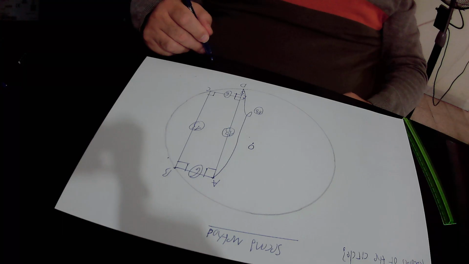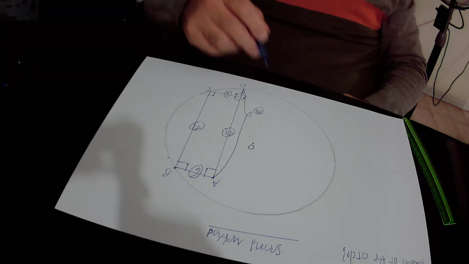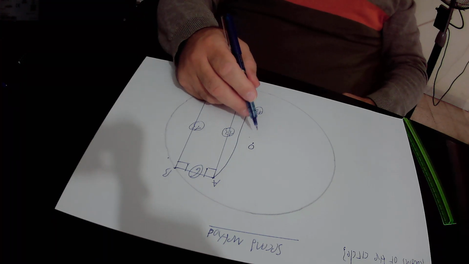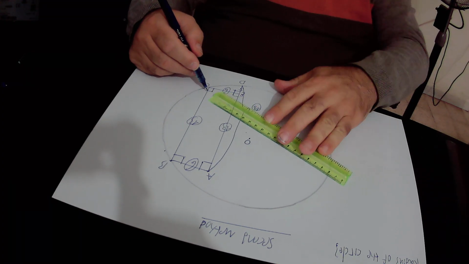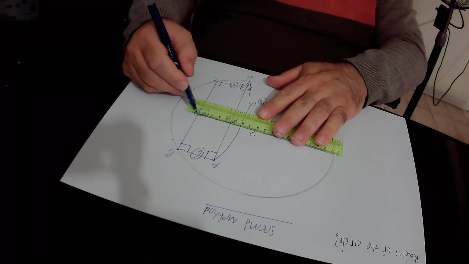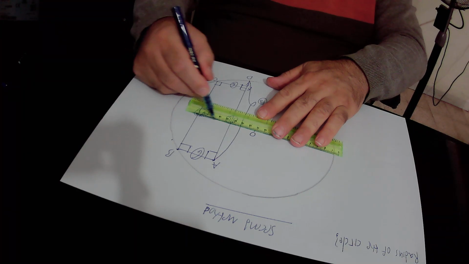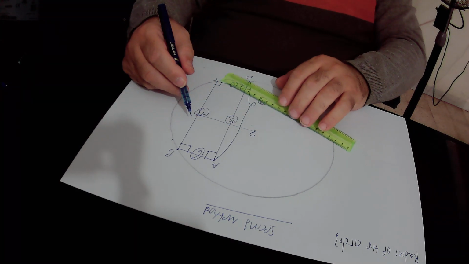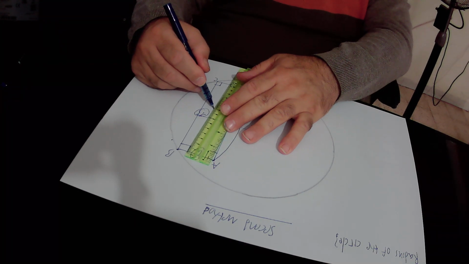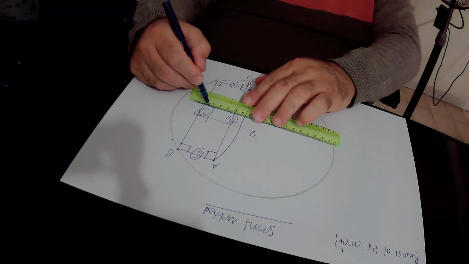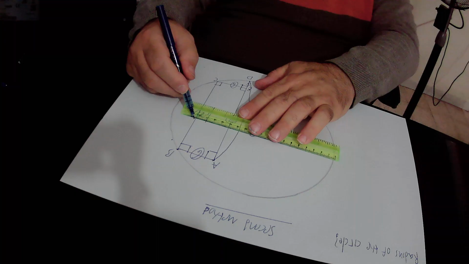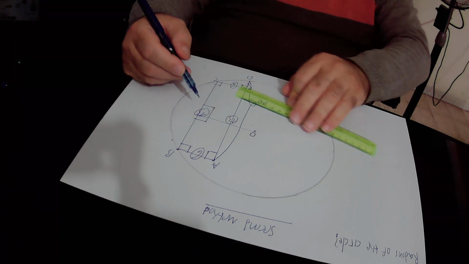In the second method, from the center of the circle, that is to say from point O, we will draw a perpendicular on chord BC. So this angle equals 90 degrees, and this angle equals 90 degrees according to our construction.